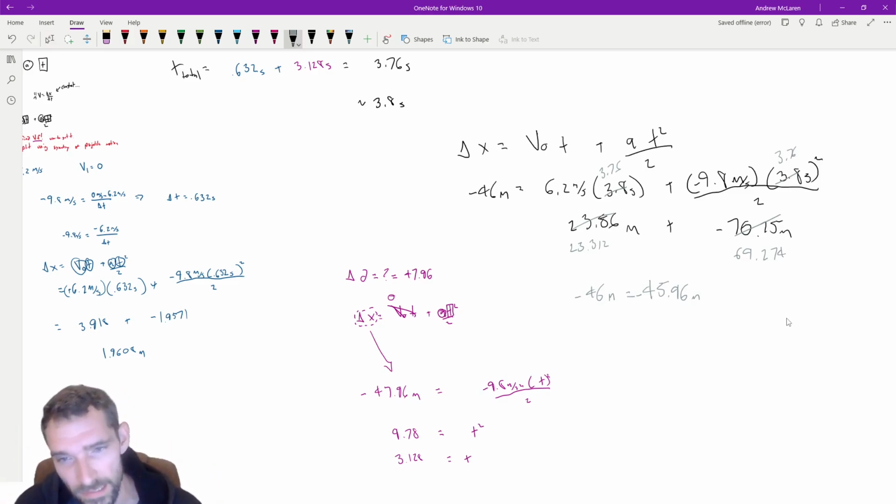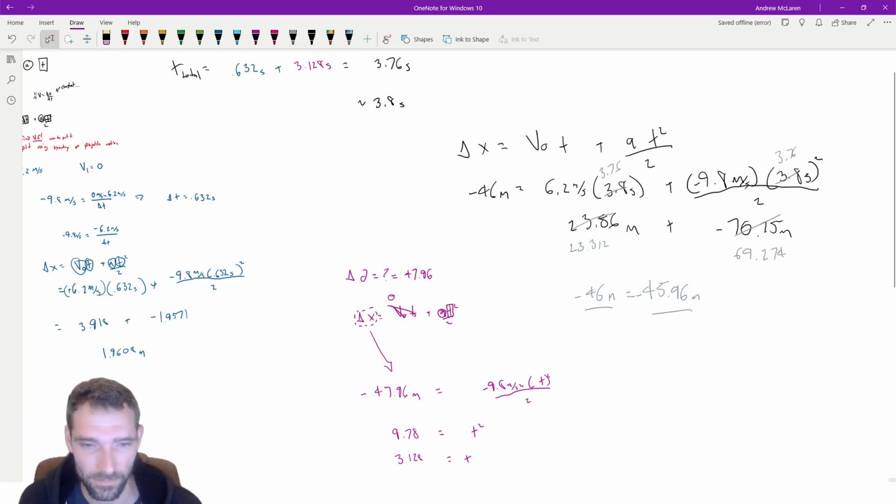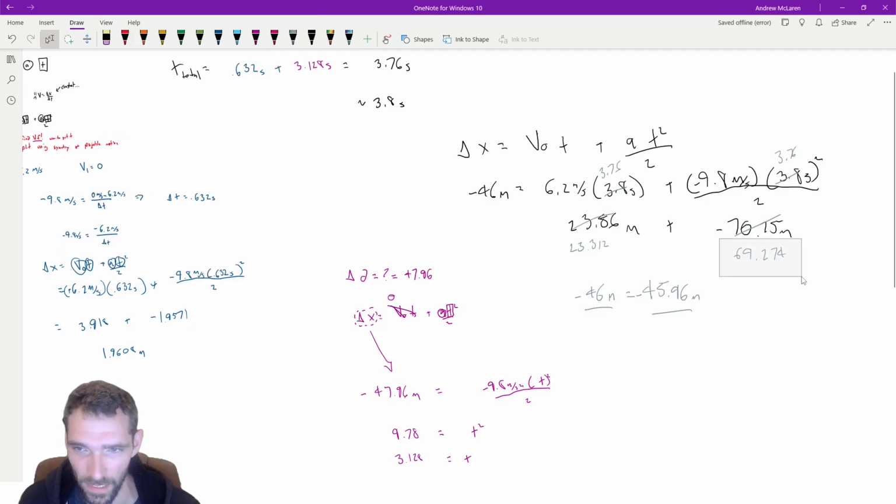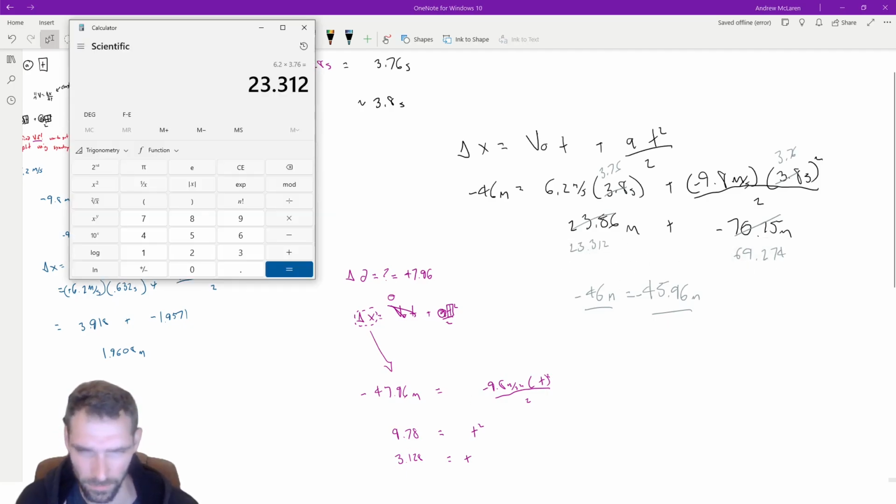And as you can see here, when you multiply that, for example, the 6.2 times the 3.76, we do get a slightly different number. And same here. And when we add those two together, and you can double check this if you'd like, you get pretty much 46.